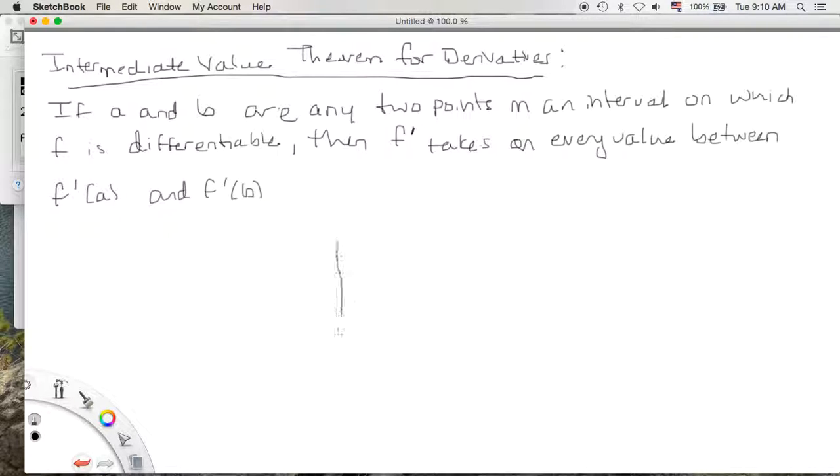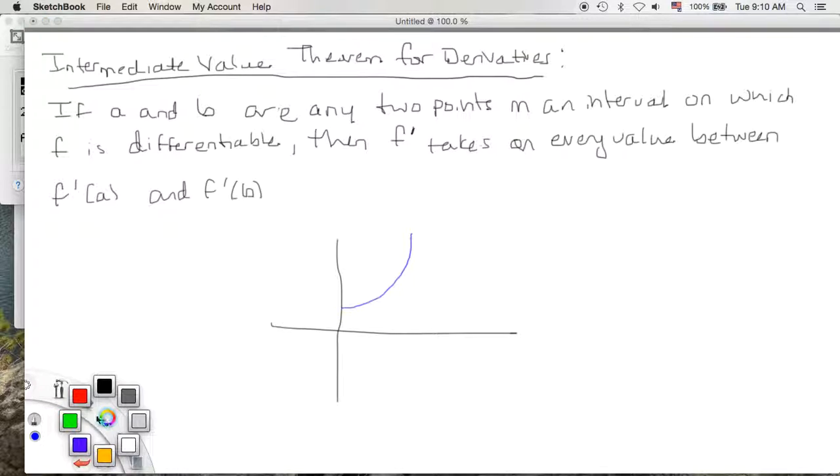What exactly does that mean? Well, it means if we have a function and we have this a and b here in this interval, okay, this is smooth and continuous and the limits are all going to exist, so it's differentiable and all of that.